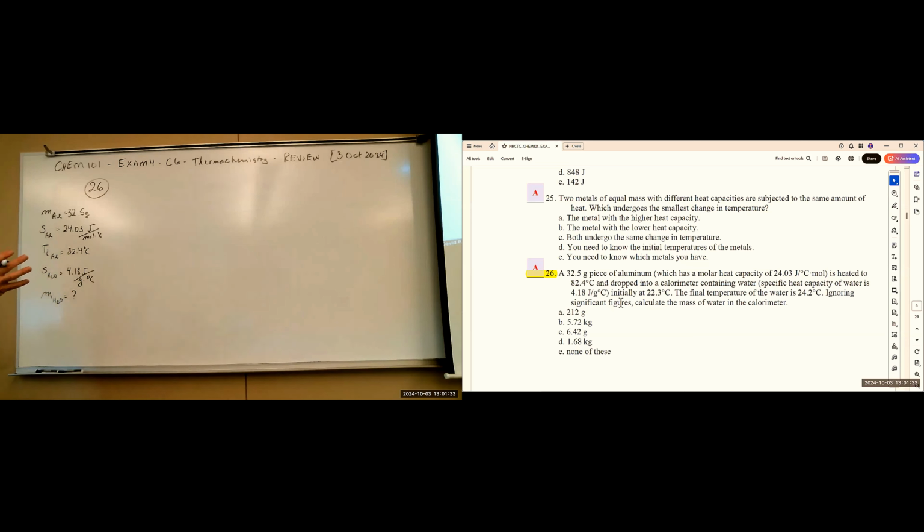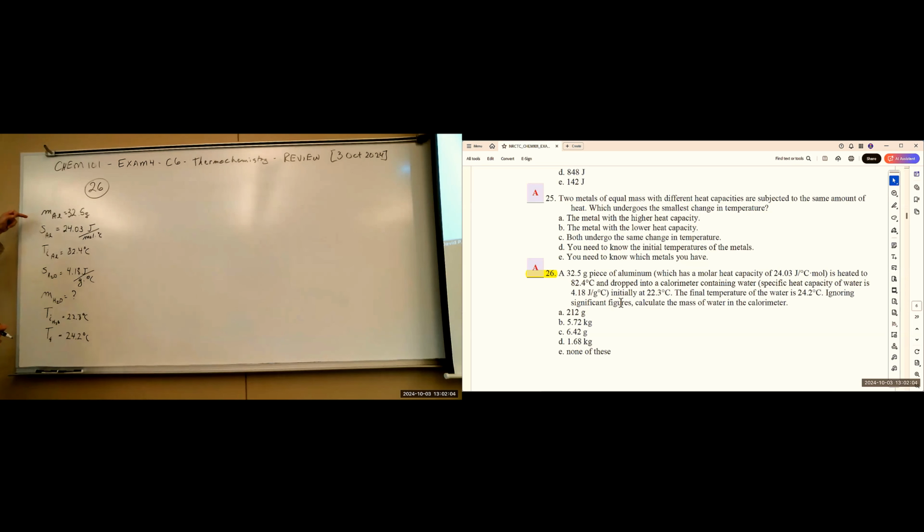We know the initial temperature of the water is 22.3 degrees C. And the final temperature of everything is 24.2 degrees C. Were we given anything else? That's it. Okay.